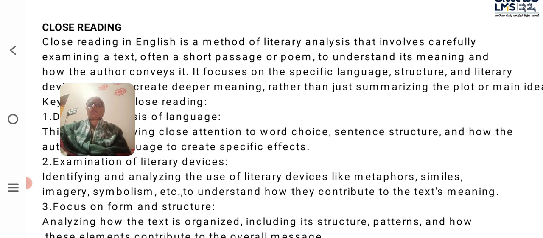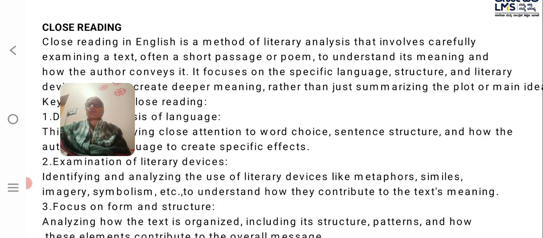It is a method of literary analysis and it focuses on understanding how the text works. It involves careful examining of a text to understand its meaning and how the author conveys it.